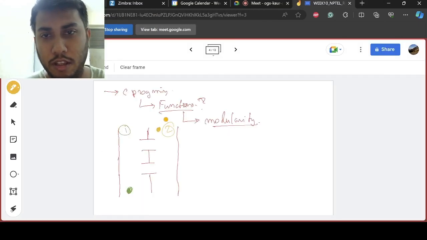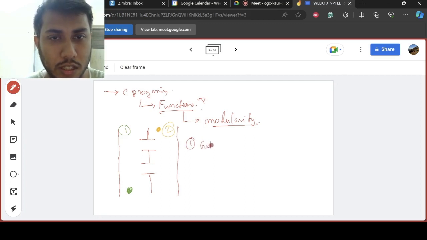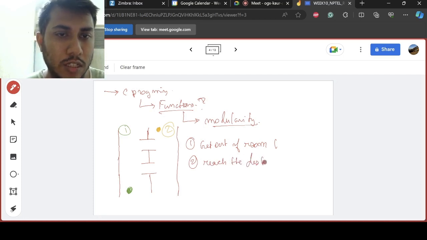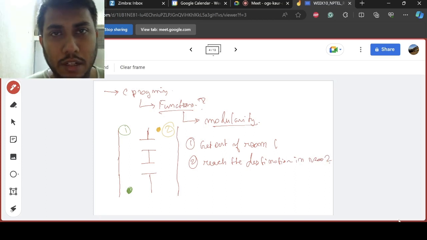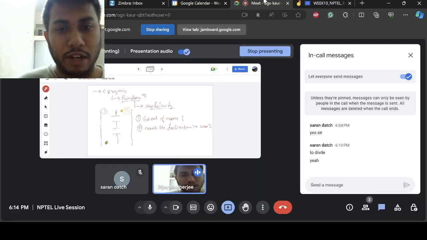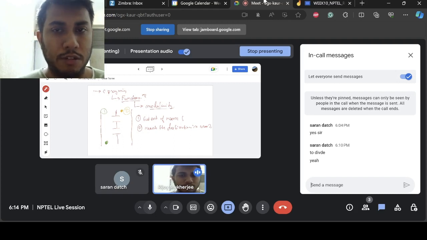So obviously your first task will be get out of room 1, and the second task will be reach the destination in room 2, right? So these are your two tasks. So you can divide your task in two ways, right?